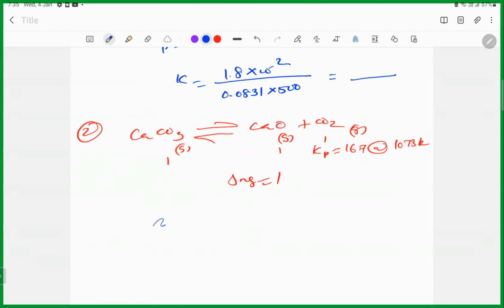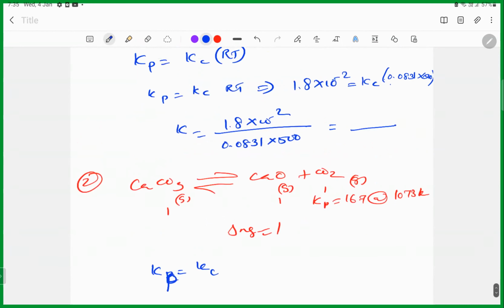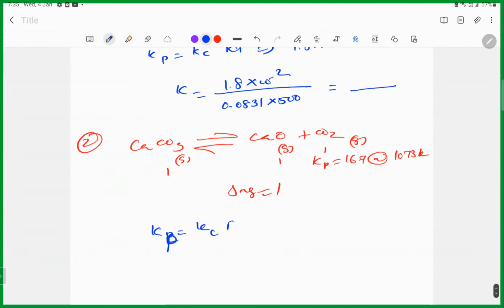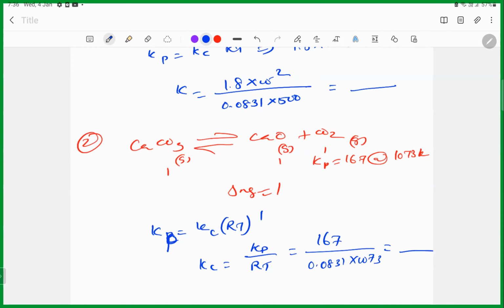Kp is equal to Kc into RT power 1. So Kc is equal to Kp by RT. Kp value is 167 divided by 0.0831 into 1073. When you calculate that, it is your Kc value. Okay.